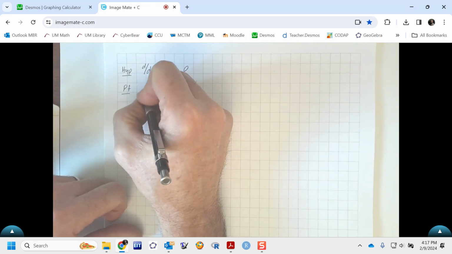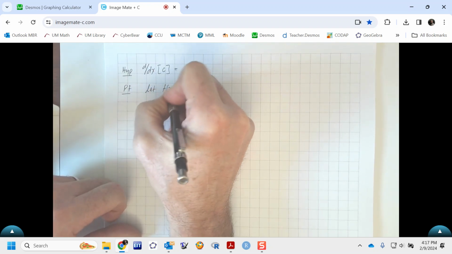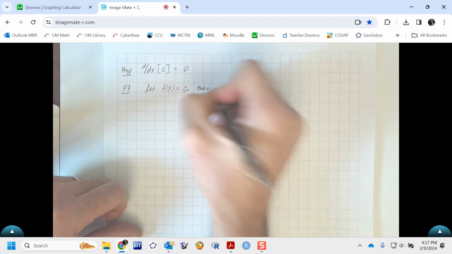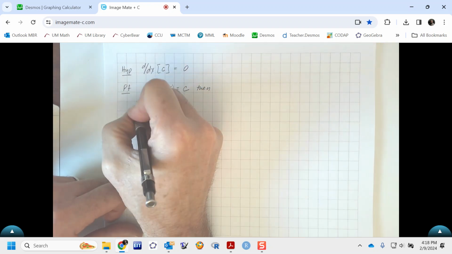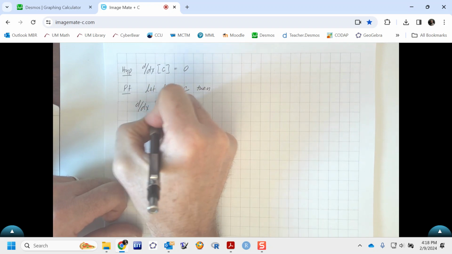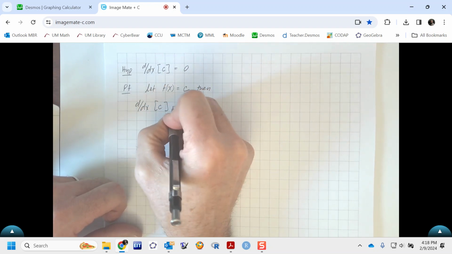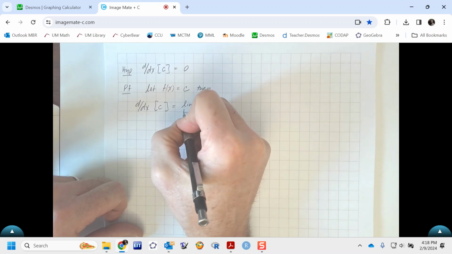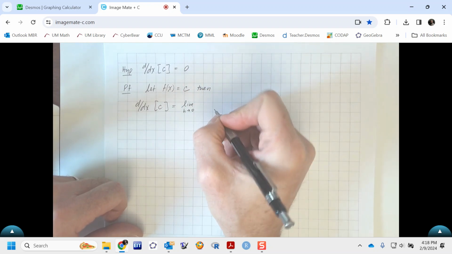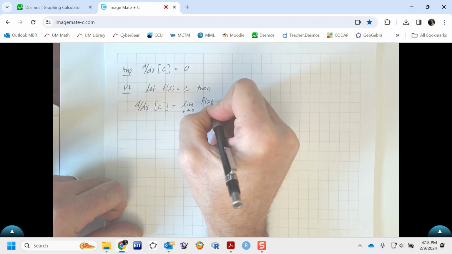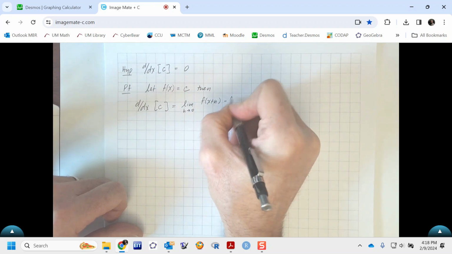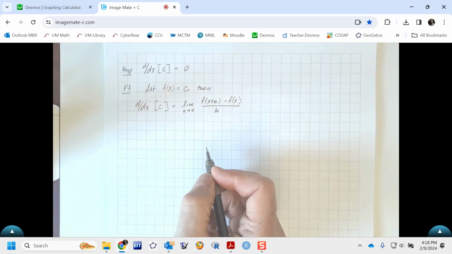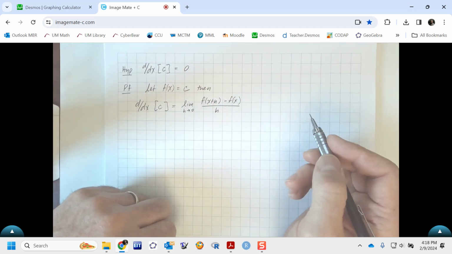Let the function itself, f of x, be equal to the constant function c. Then we can apply the definition of the derivative. We know that d by dx of c is equal to the limit as h goes to 0 of f of x plus h minus f of x all over h. Again, this idea of the limit of a difference quotient is how we always find the derivative.